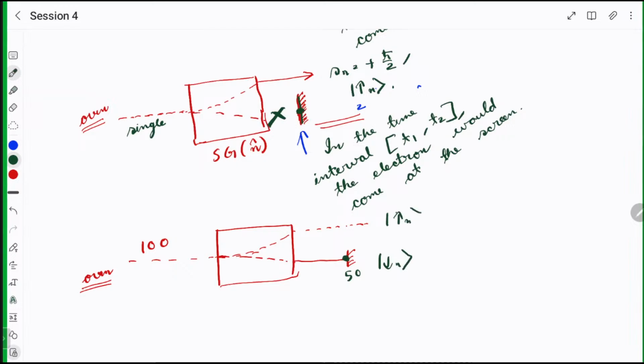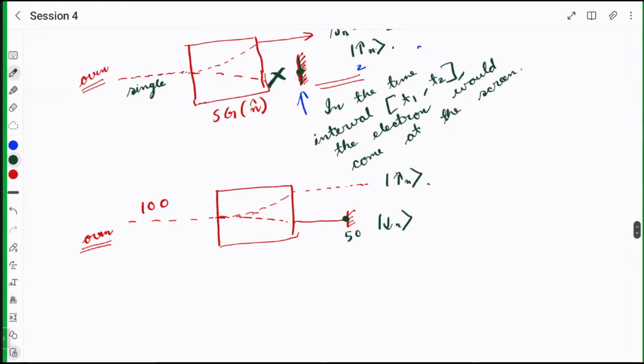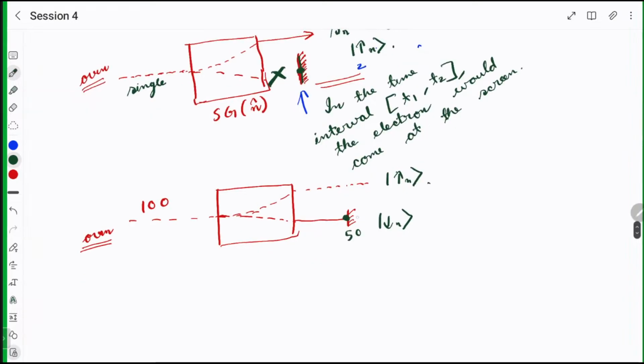So given this, would you agree now? Okay, even if I place the screen on one path, it is still a measurement. And if you have any confusion regarding this, let me know. Okay.